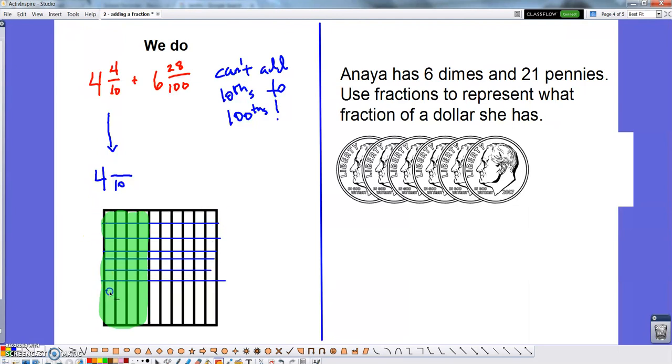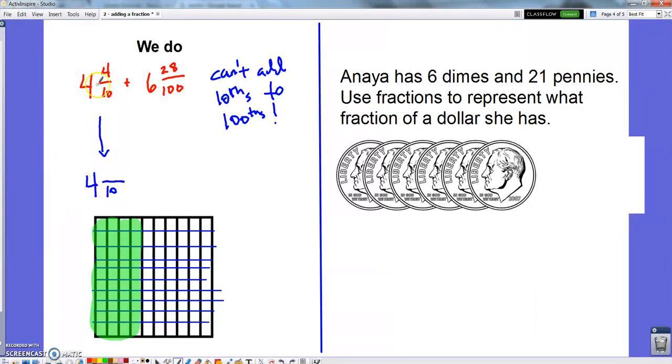And 1, 2, 3, 4, 5. Now I've got hundredths, and I can count that up. And 4 4/10 is the same as 4 40/100. Same fraction, but equivalent. Or I guess it's a different equivalent fraction. Looks different, but same value.